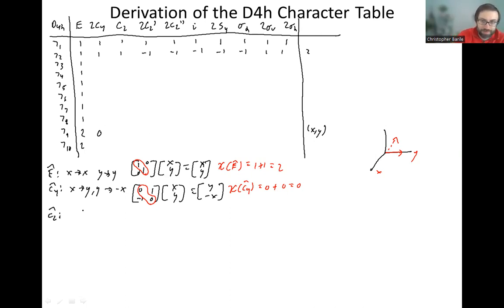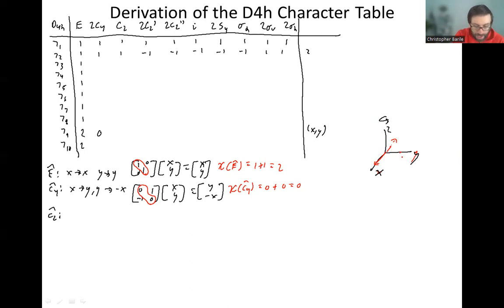What about C2? Again, we're asking what happens to the x vector and the y vector. We have to do both kind of simultaneously here. If we have an x vector and we do a C2, 180 degrees spinning along the z, that's going to spin x into the negative of itself, right?